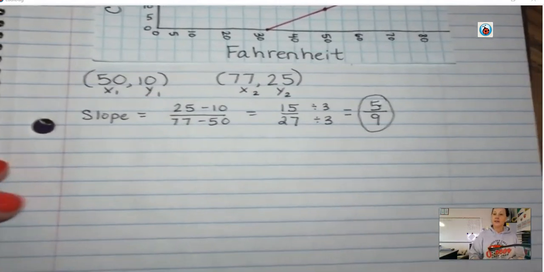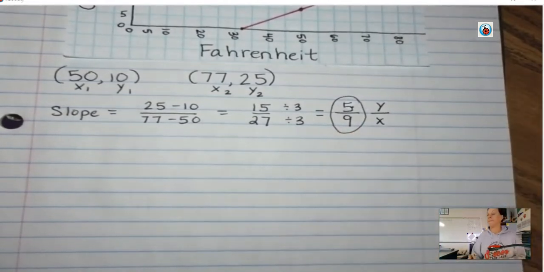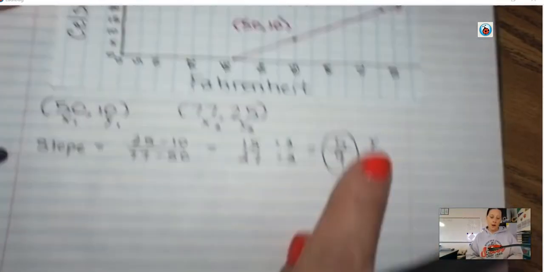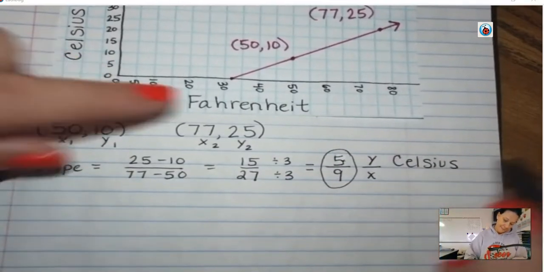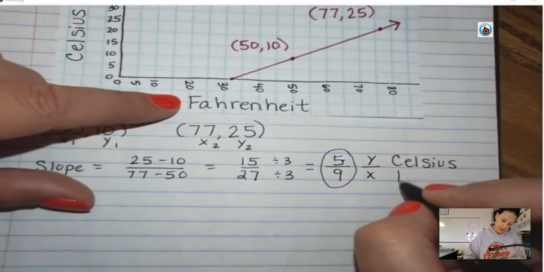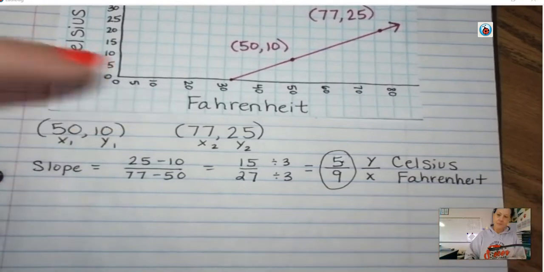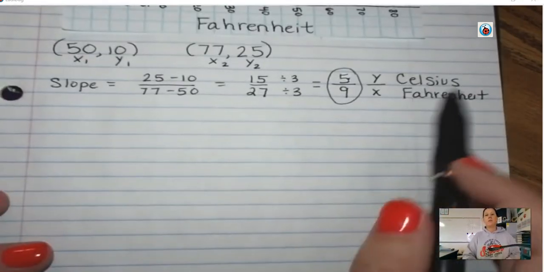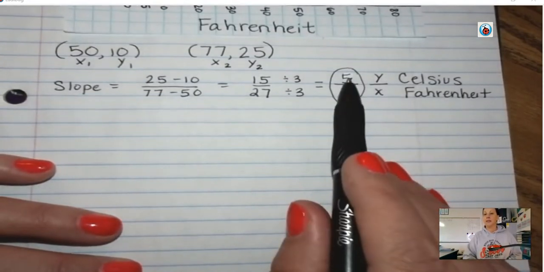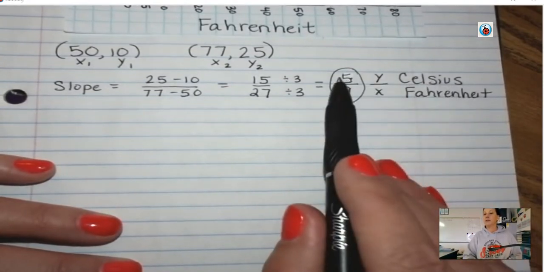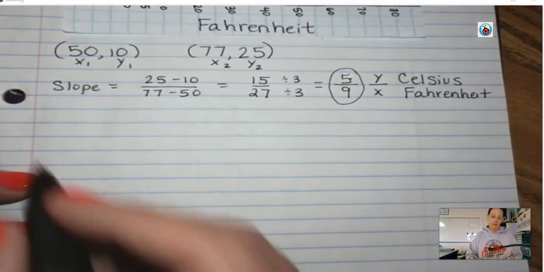Now we have to write the sentence. Slope is always y over x. The words that went with y is Celsius, and the words that went with x was Fahrenheit. So we need to come up with a sentence on what this 5/9 actually means. It's positive, so every time Celsius increases by 5 degrees, Fahrenheit increases by 9 degrees.